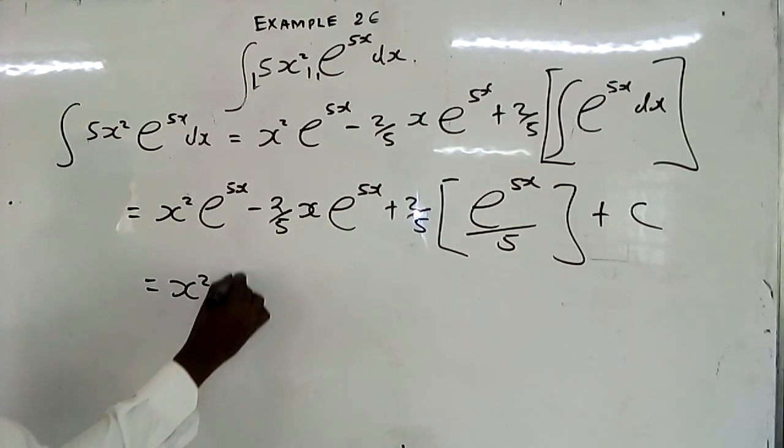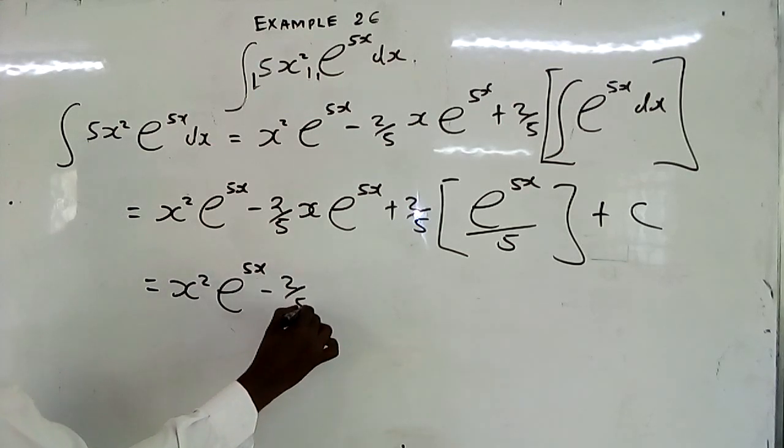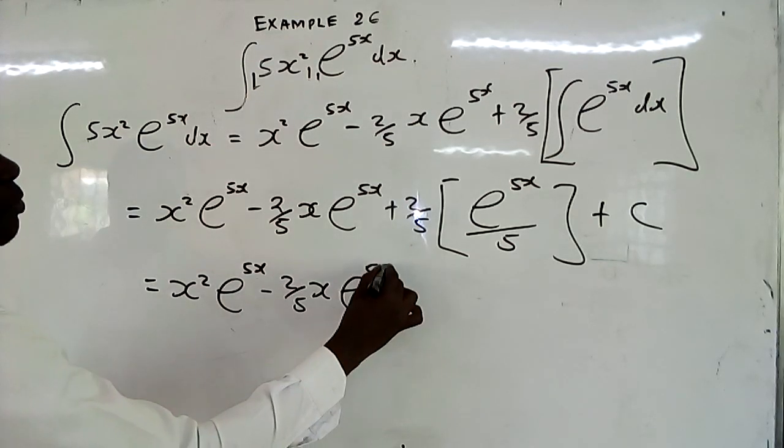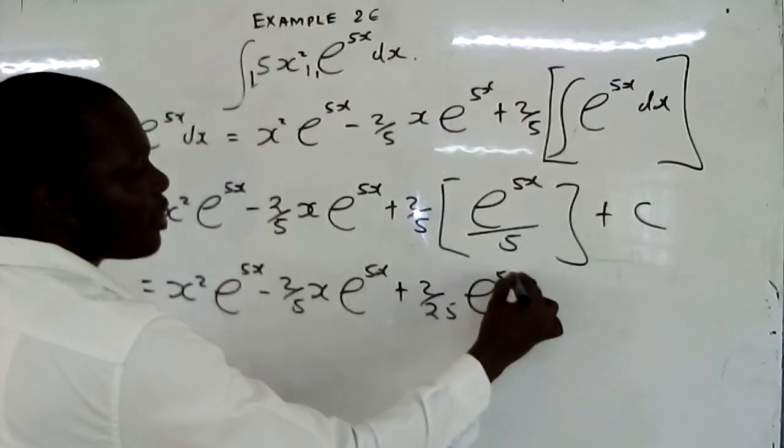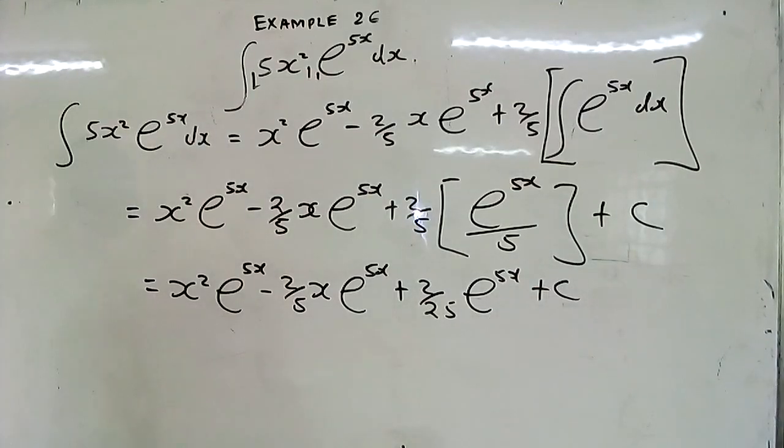So we have x squared exponential 5x minus 2 over 5x exponential 5x plus 2 over 25 exponential 5x plus c. And you have actually evaluated that given integral.